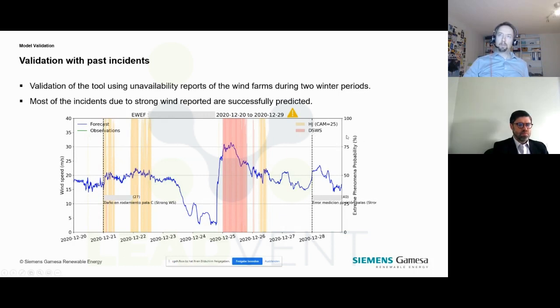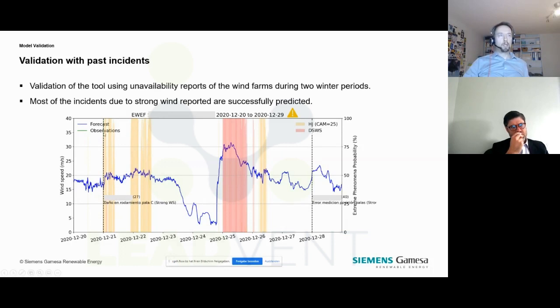And then the vertical y-axis, the right one, is also corresponding to the probability of occurring of these different phenomena. So we can see there are specific times when the algorithm is quite sure that there is some of these two different events happening.